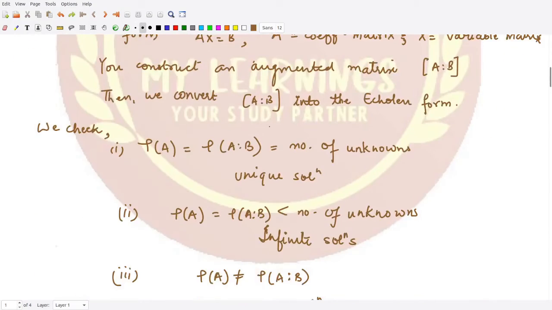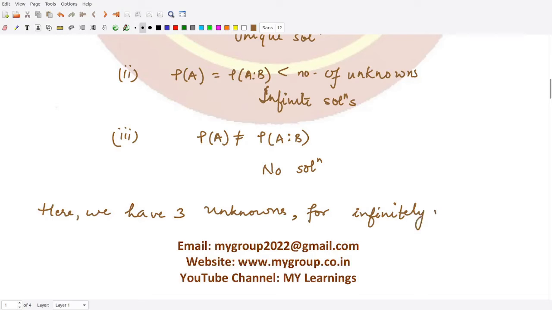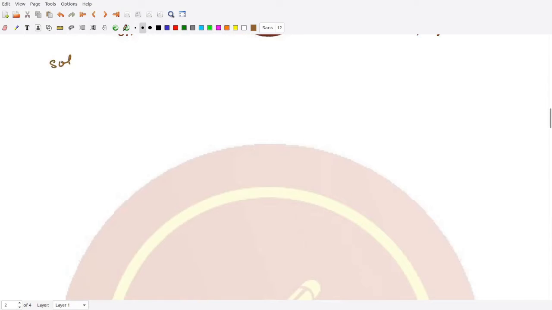So for infinitely many solutions, we require that the rank of A should be equal to the rank of A augmented B, but it should be less than 3 in our case.